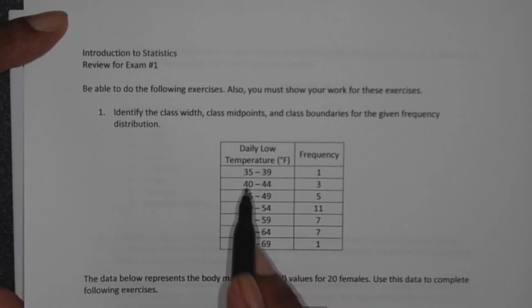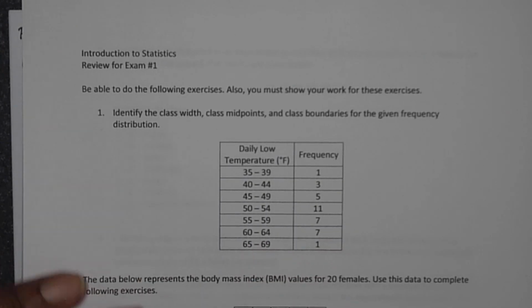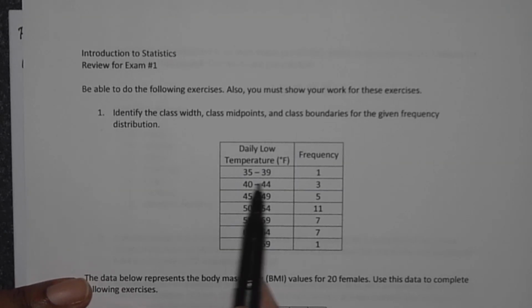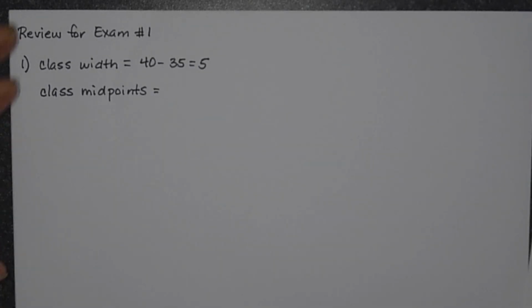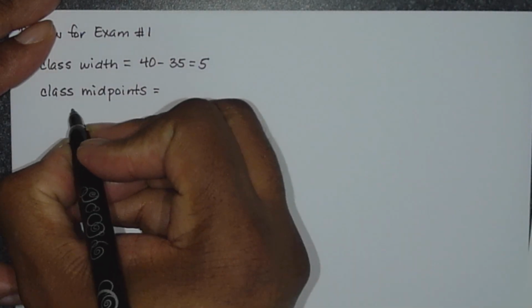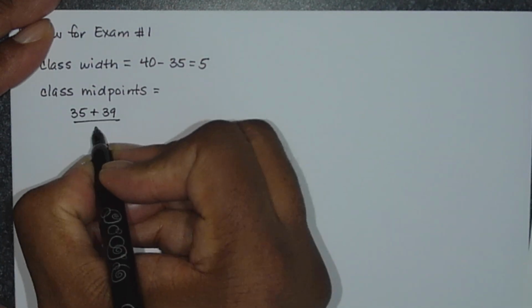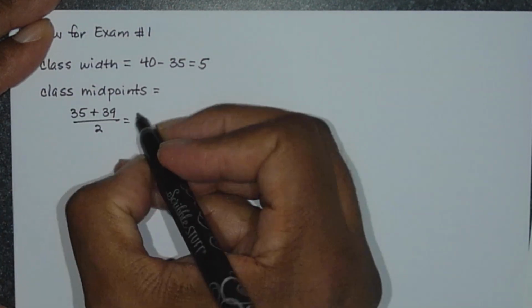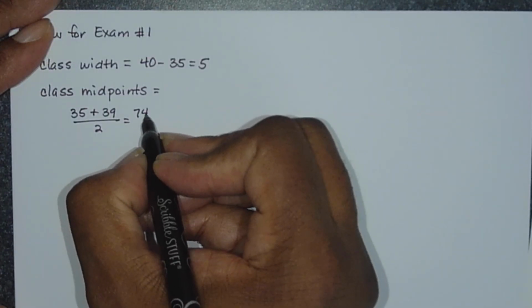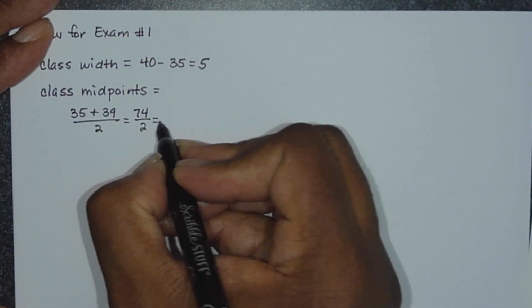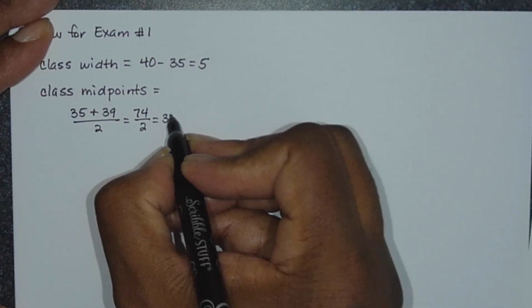Whatever that sum is, we divide by 2. So for the first class, that'd be 37, because we take 35 and 39 together. Divide by 2. 35 and 39 would be 74. And 74 divided by 2 would be 37.